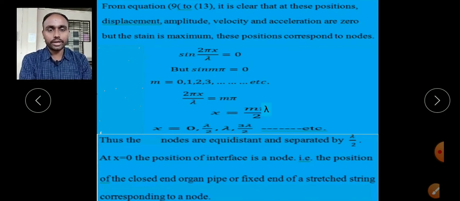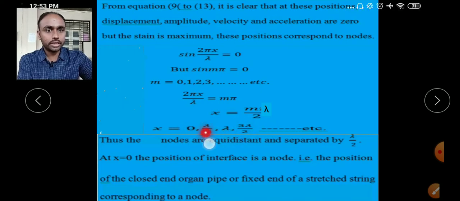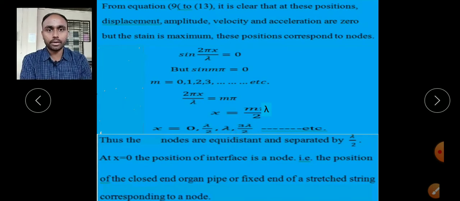And if I want to find the distance between any two successive nodes, just take the difference between any two. So, lambda by 2 minus 0, it is lambda by 2, lambda minus lambda by 2, lambda by 2, 3 lambda by 2 minus lambda, it is lambda by 2 and so on. So, that means the distance between any two successive nodes is lambda by 2. Yes, that is what I have written here.